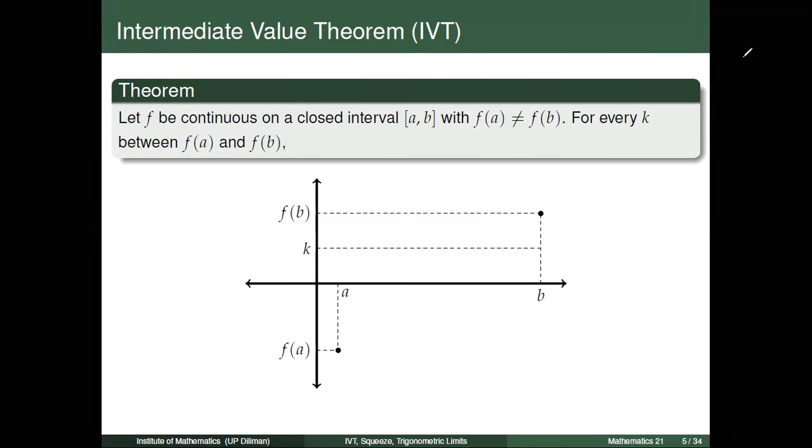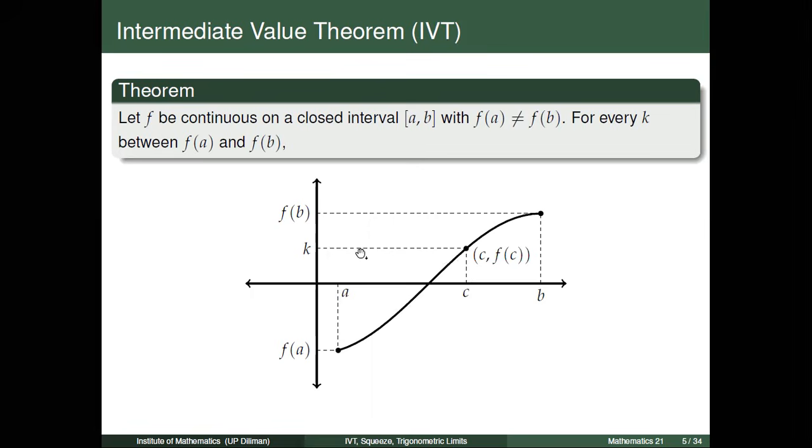So here actually we realize that because the function is continuous on the closed interval [a, b], its graph must intersect the line with equation y equals k somewhere between a and b. Meaning there is a value c between a and b at which the value of the function is equal to k.